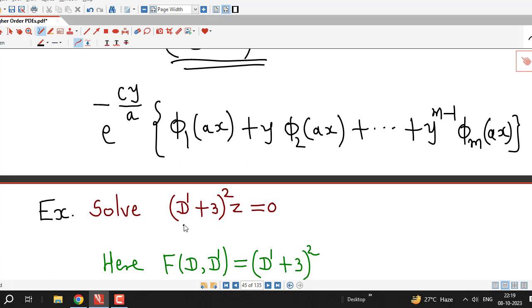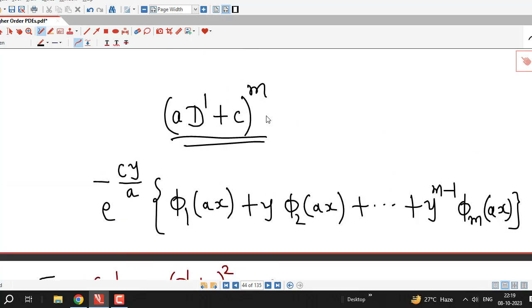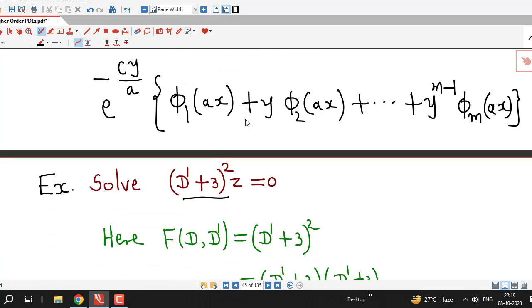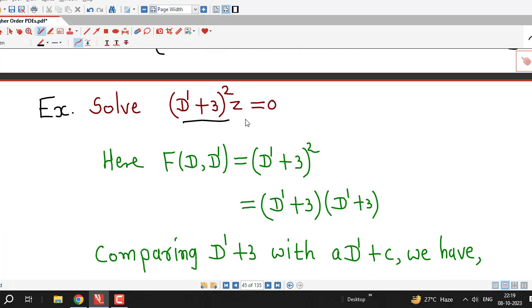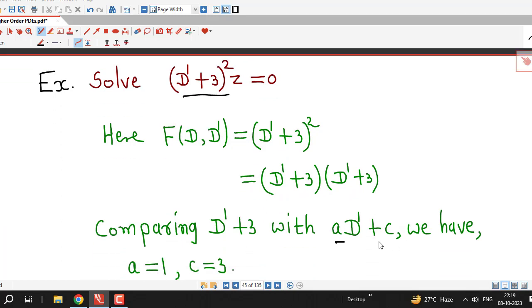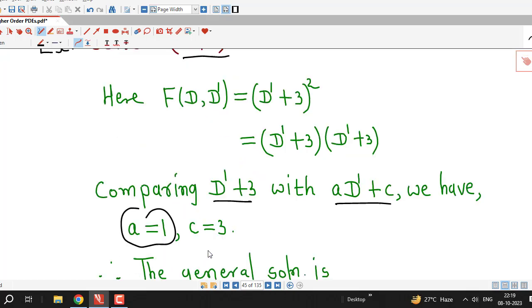So we can see here F(D') is D' plus 3 square, and it is the factor of this form aD' plus c raised to m, so that we can compare with aD' plus c, and we obtain that a is 1, c is 3.